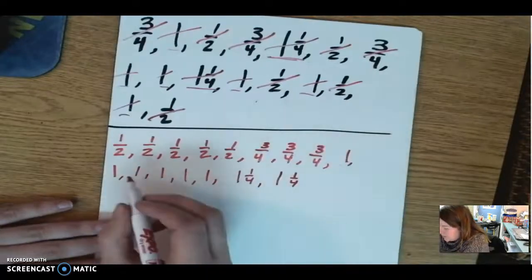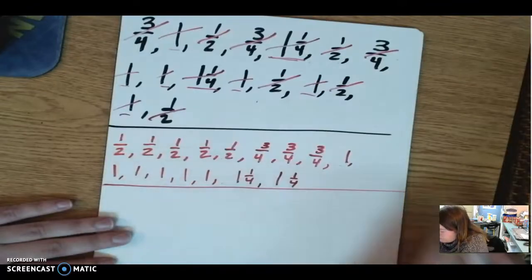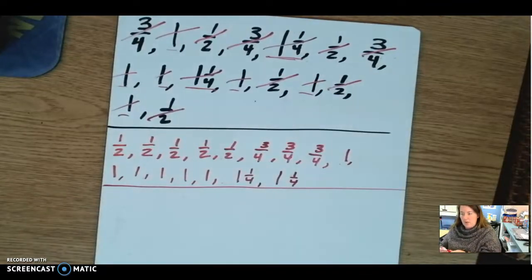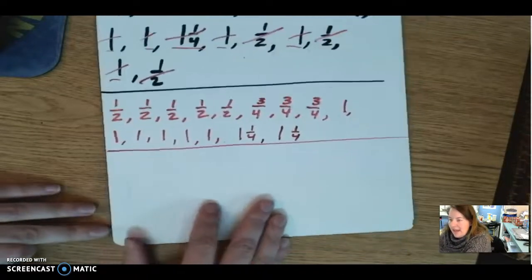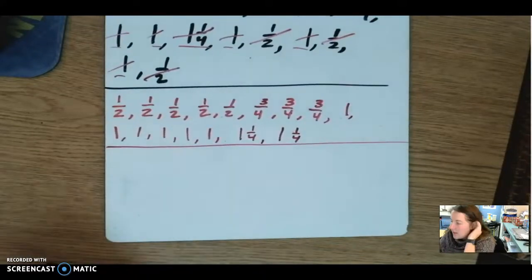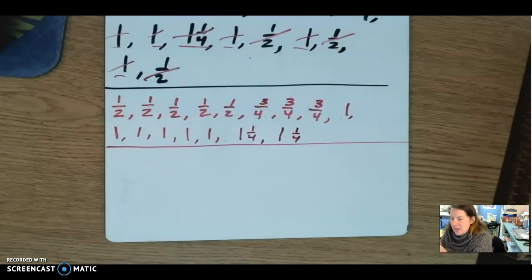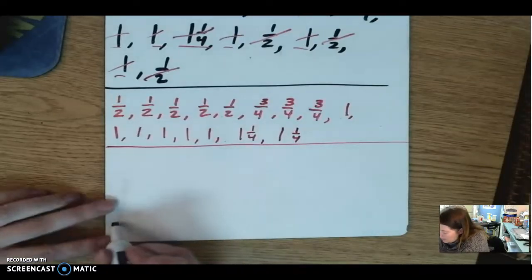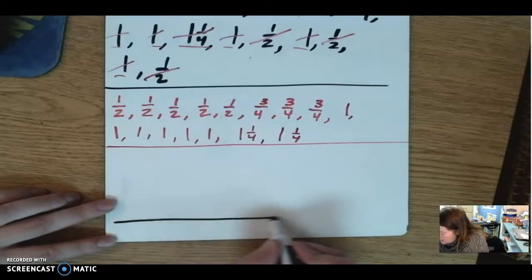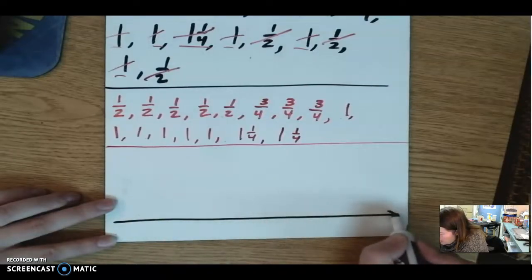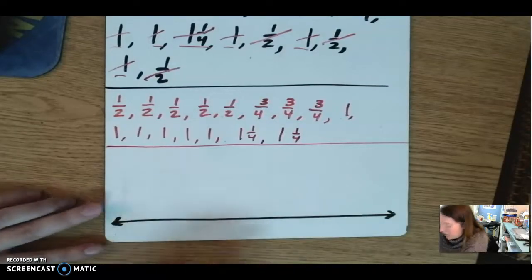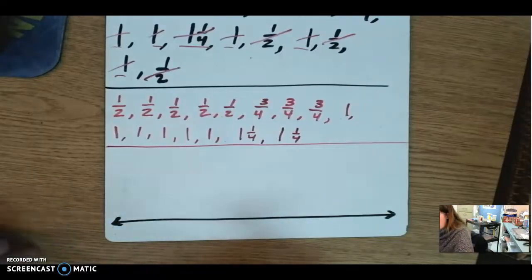That's it. So now that I have these in order from least to greatest, I can make a number line that has fractions on it. So this one is going to be a little tricky. We haven't done number lines with fractions in a while, but I'm going to start my number line.